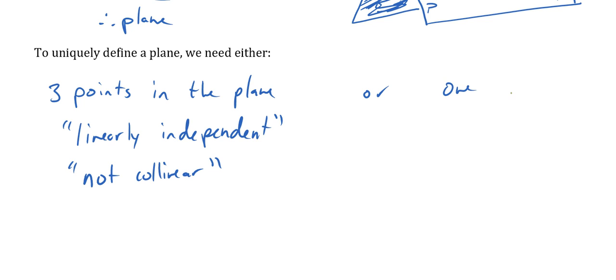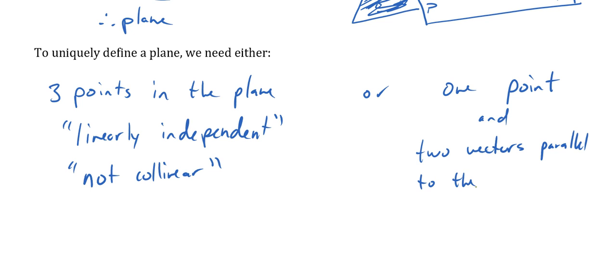Or 1 point and 2 vectors parallel to the plane. 1 point, obviously, in the plane.